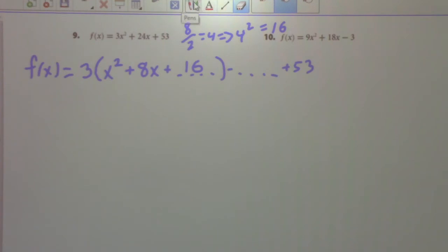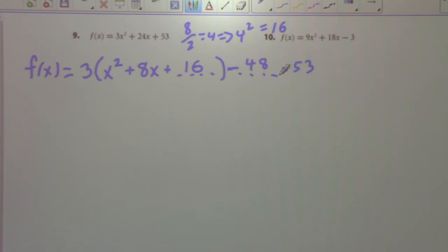Negative 16. 48. No, but it is 48. Why do we subtract 48 here? Because of that 3 in front. So it looks like you've added 16, but you've really added 48, because we have to remember that this 3 is multiplied by the 16.